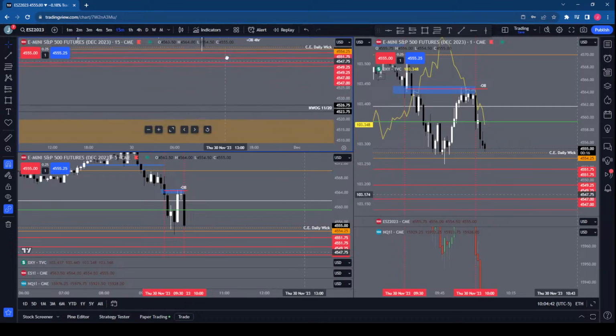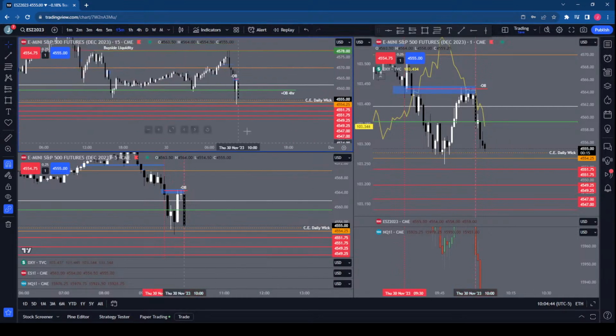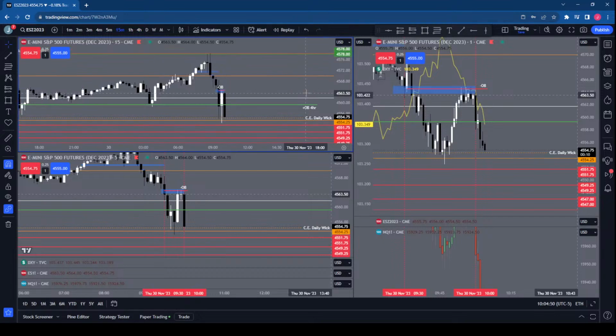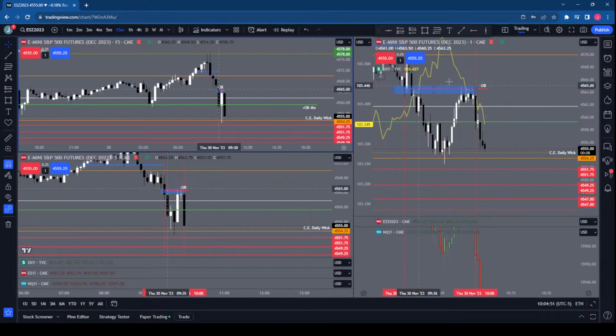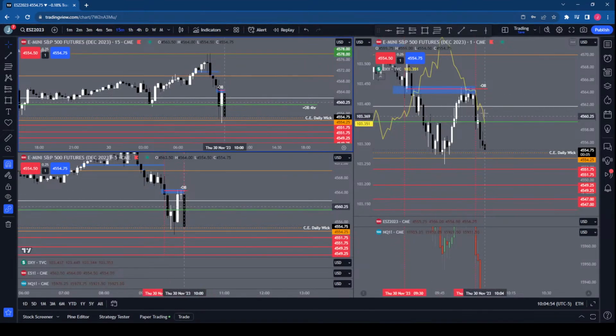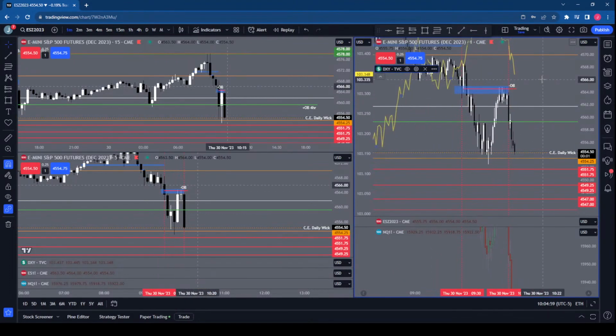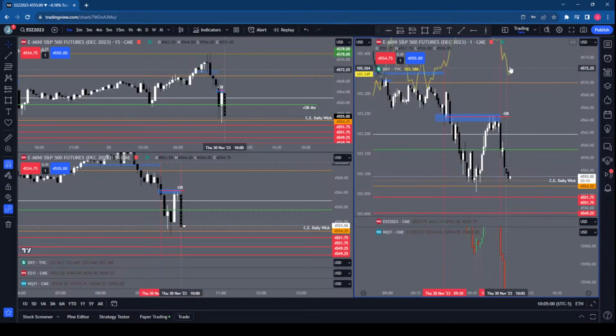So maybe this will be the move that gets us down here. I would like that. It would also mean we're finally breaking free of our sideways price range. But look at the dollar. The dollar is continuing lower. So I'm waiting on that.